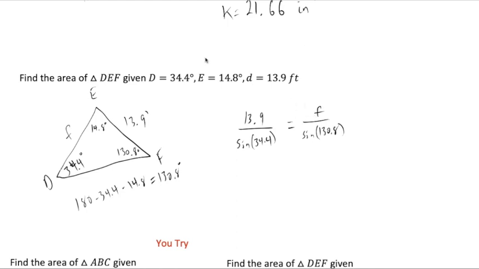Solving for F, I need to multiply by the sine of 130.8 on both sides. Plugging that into my calculator, I get side F equals 18.62 feet.